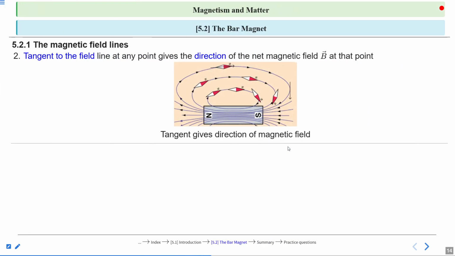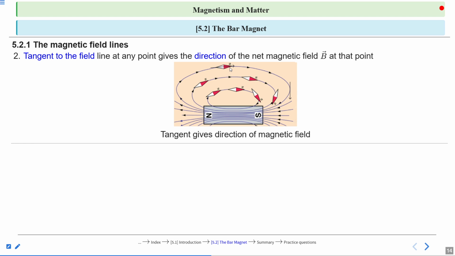So the second property: the tangent to the field line at any point gives the direction of the net magnetic field B at that point. So this is a magnet and these are the magnetic field lines. If we place a magnetic needle on a magnetic field line, it will align in the direction of the magnetic field line at that point. It will show deflection in the direction of the tangent at that point.